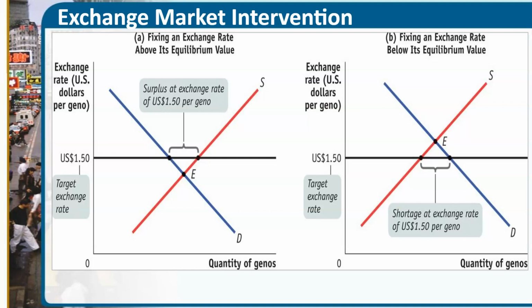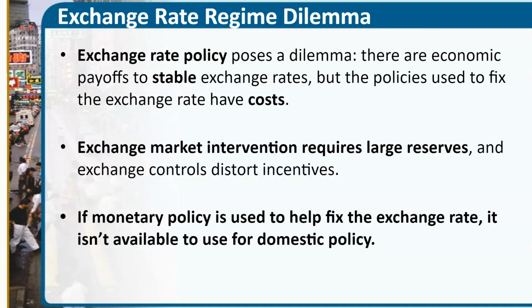So this is less about what you would need to know for the AP exam, and more about what Dr. Krugman is talking about in this chapter in relation to exchange market intervention, the idea of trying to keep your currency fixed in relationship to other currencies and exchange rates that you see out there.